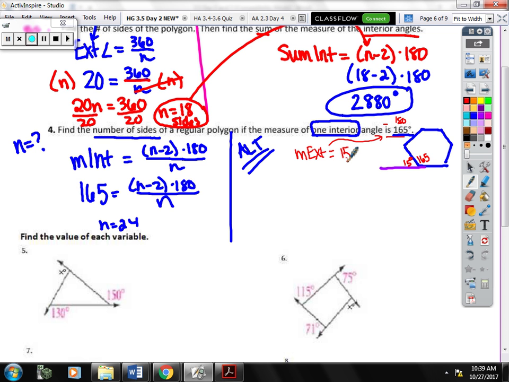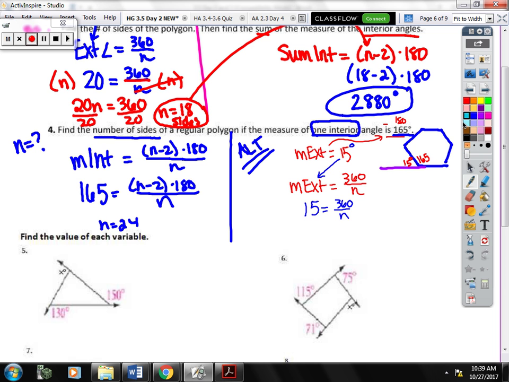You could then use the measure of an exterior angle formula, which is 360 divided by n. This formula is significantly smaller than this one, for those of you that do all the algebra, right? This one's going to be shorter to solve. So if you wanted to, you can plug 15 degrees in for the measure of the exterior angle and solve for n.